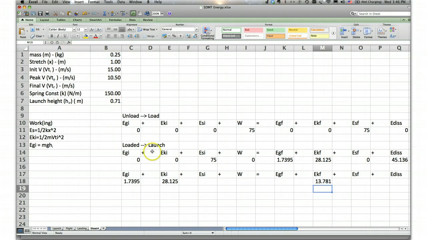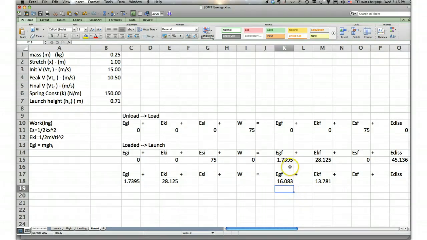And then the way that I would know how much gravitational is by, again, looking at the differences between what's on the left and what's on the right. So I would say this is going to equal whatever I had here on this left-hand side minus the kinetic energy.